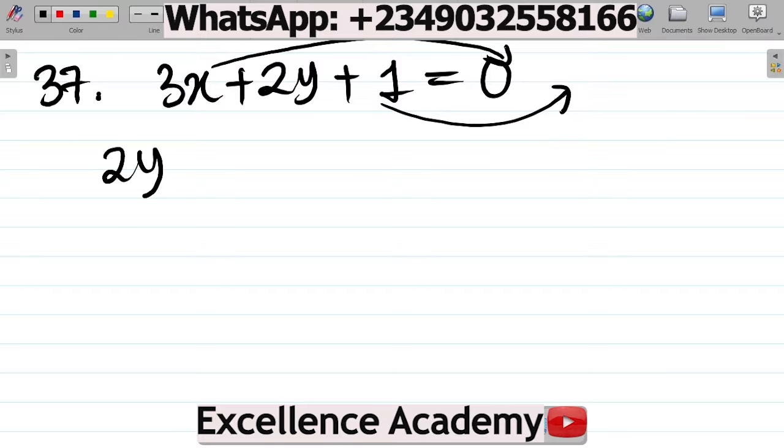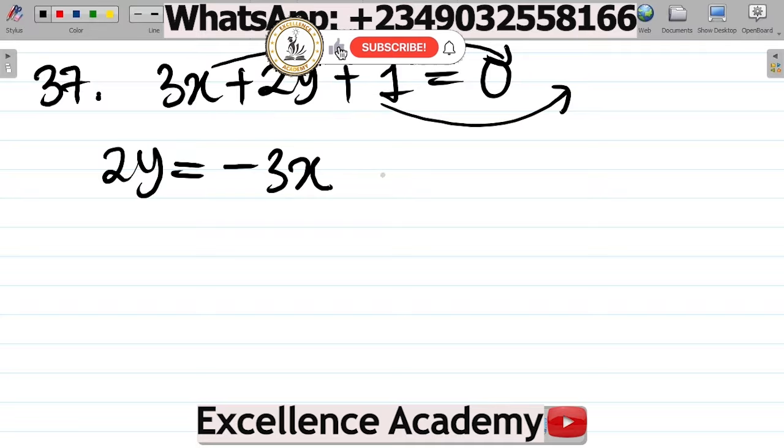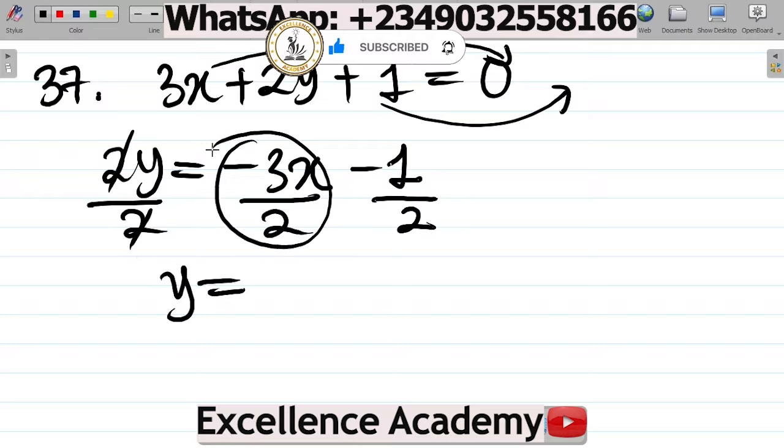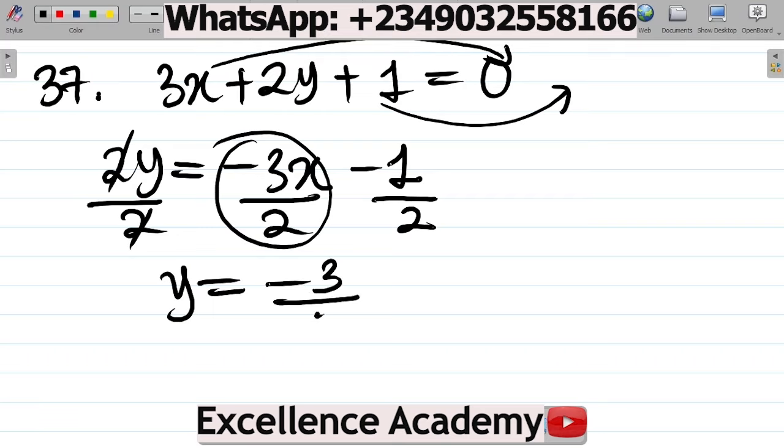You'll be left with 2y is equal to minus 3x minus 1. Now to get y, divide each term by 2. So this cancels this. We have that y is equal to minus 3 over 2 x, and then minus 1 over 2.